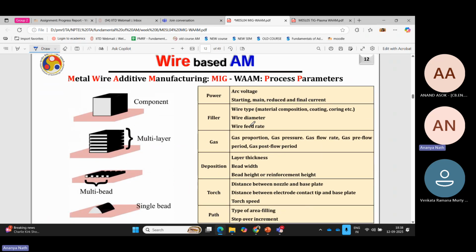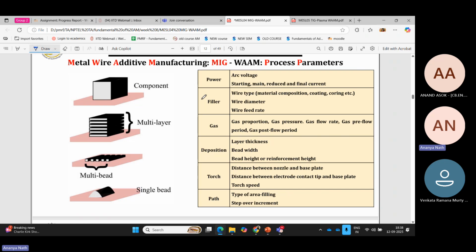So now it's about the process parameters for the MIG process. The power means here we are working with an arc. So arc voltage and current are the main power-concerned process parameters. Then filler, whether it's going to be the consumable wire or the off-axis fed wire.